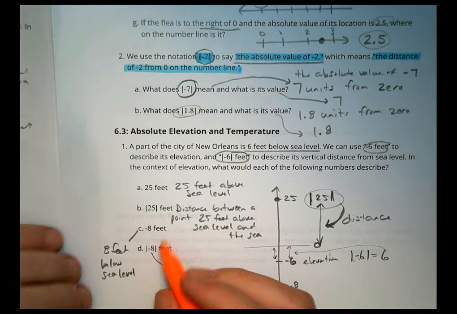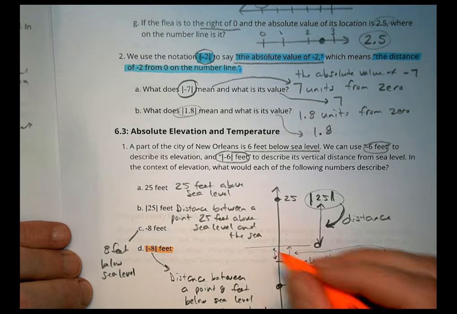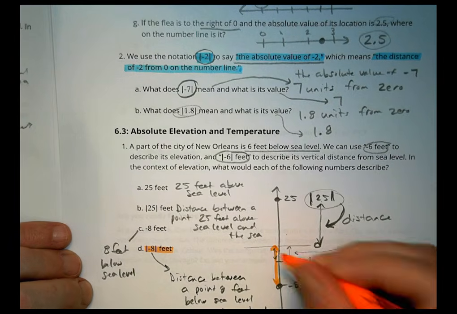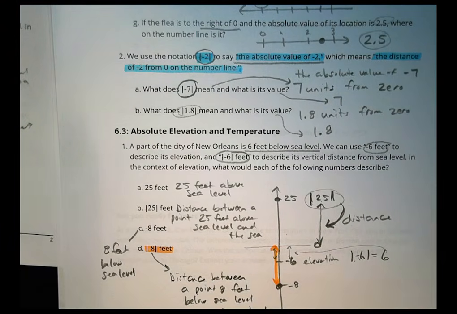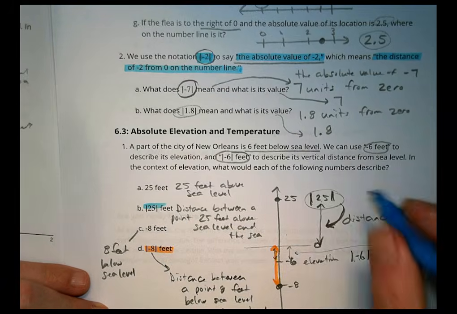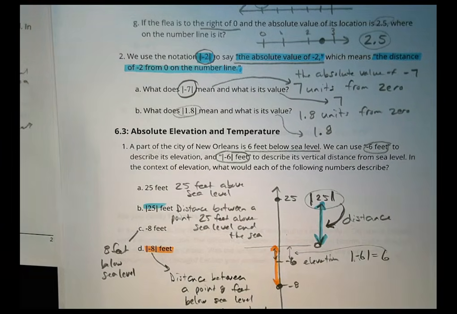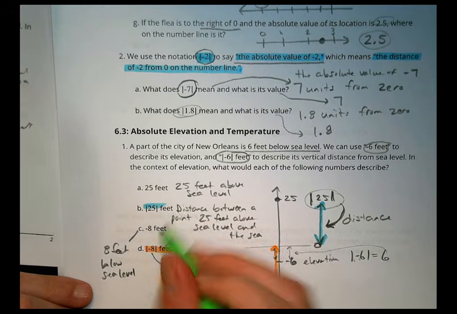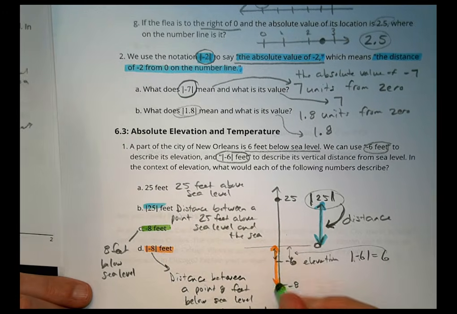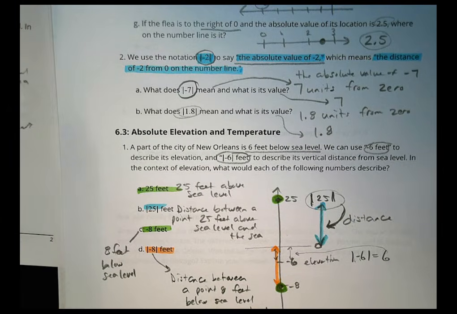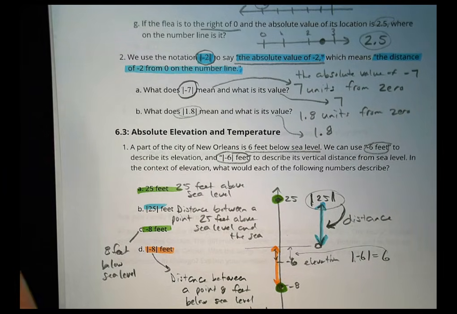So this here, absolute value of 8 feet, is talking about the distance from here to here, just like the absolute value of 25 feet was talking about the distance from here to here. Okay? Now, again, the point -8 was just the location, and 25 was just the location. The absolute value is describing the distance between those points.